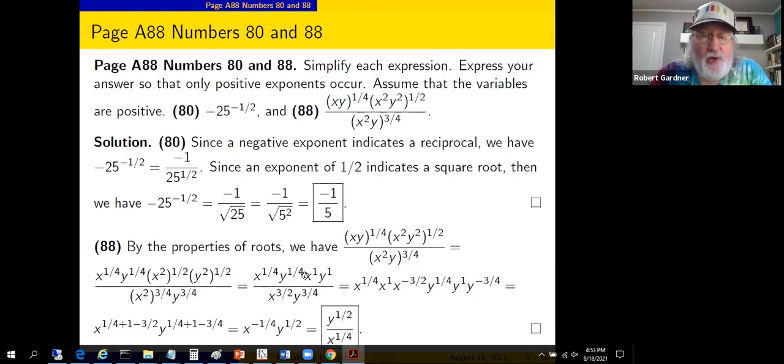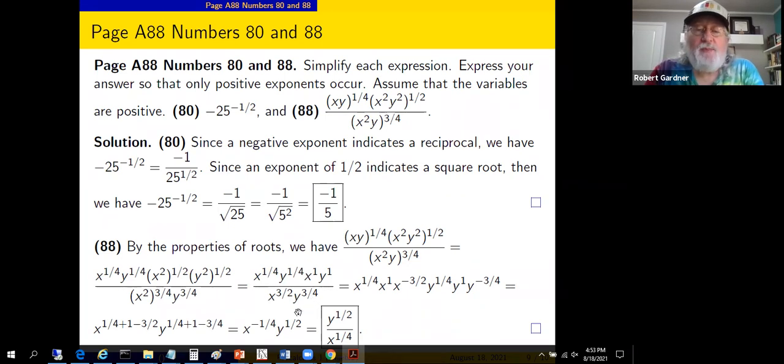Same thing with the y squared: the square root of y squared is y itself, provided the variable is positive. The x squared to the 3/4, multiply, that'd give us x to the 3/2, the 2 and the 4 simplify. Y to the 3/4. So multiplying exponents as a property of exponents produces this.